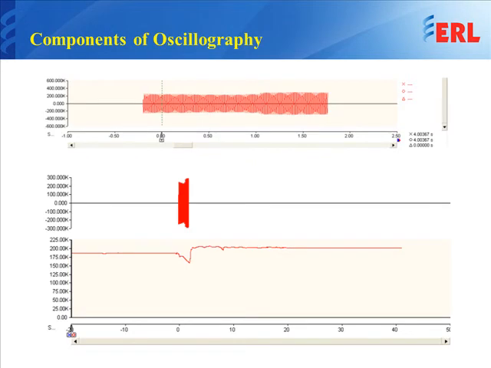This is a record of a power swing. The trace on the top is the transient record. The trace in the middle is the transient record, but on a smaller time frame. The third trace there is 50 seconds.